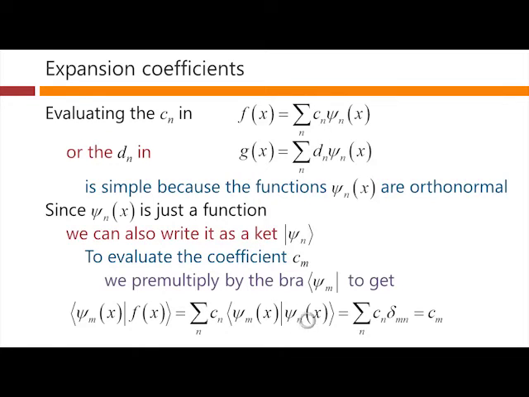Our expansion, we're writing out the ket vector versions of psi n of x. We're pre-multiplying by the bra vector version of psi m of x. Of course, since this is an orthonormal set, these just reduce to Kronecker deltas, and so we have our expansion coefficient Cm. So our expansion coefficient Cm is simply this bra ket product.